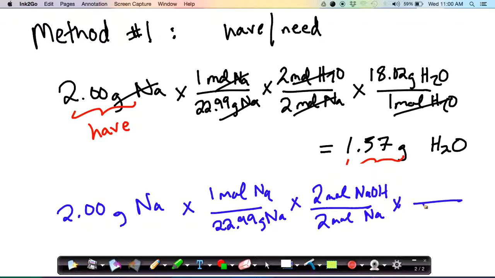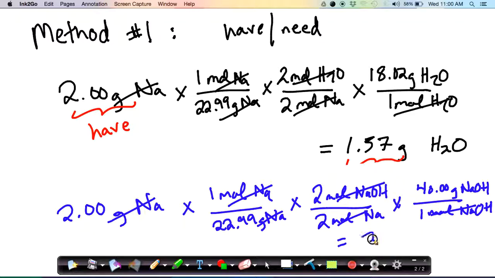And then convert to mass of sodium hydroxide. Molar mass of sodium hydroxide, about 40.00 grams per mole. So grams sodium cancel, moles sodium cancel, moles sodium hydroxide cancel. Do the math, get 3.48 grams of sodium hydroxide.